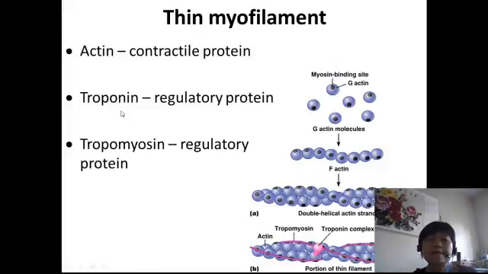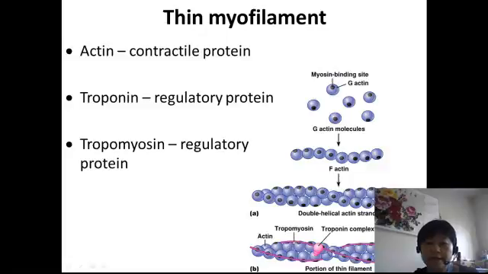And then we also have troponin as a regulatory protein, here the pink complex of protein. We also have tropomyosin, another type of regulatory protein.